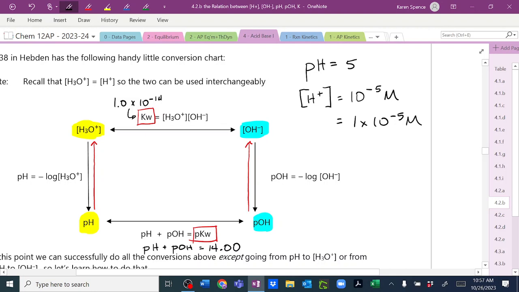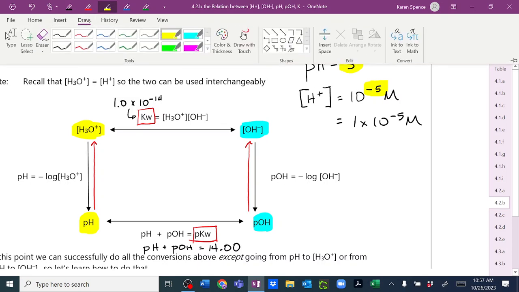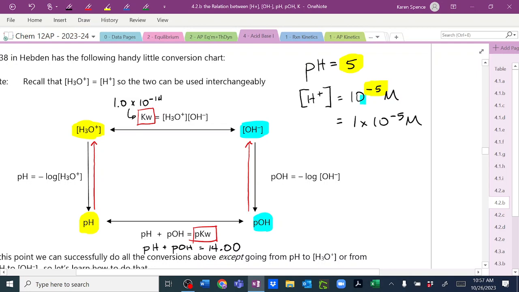So what did we do to get from here to here? We took what number? We took the number 10, and what power did we raise it to? The negative pH. Yes, our pH was 5. This right here is the negative pH, yes?